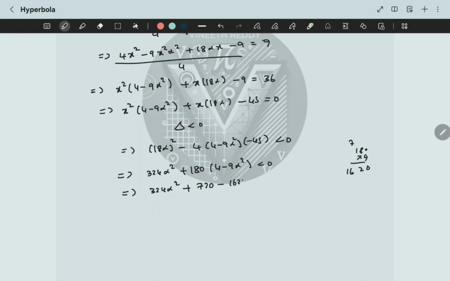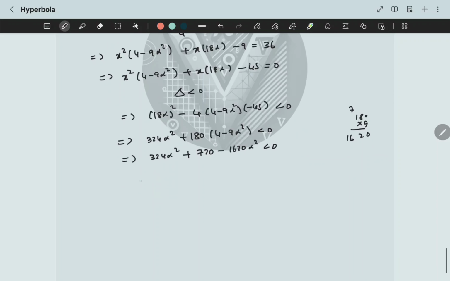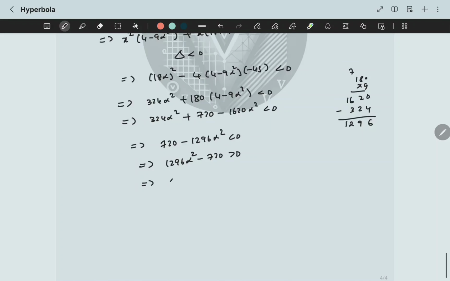Yeah, it should be minus 1620 alpha square. So minus 324 should be, so this should be 720 minus 1296 alpha square. So 1296 alpha square minus 720 should be greater than 0. So alpha square minus 720 divided by 1296 should be greater than 0.